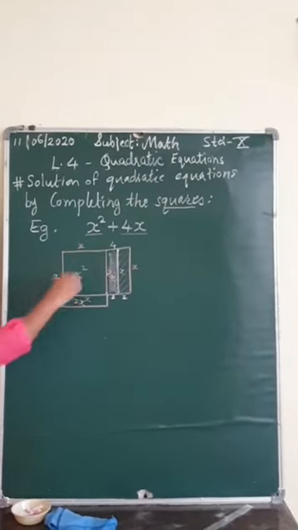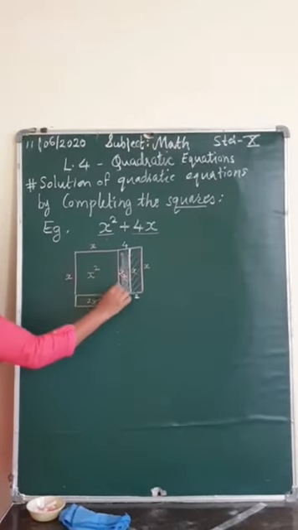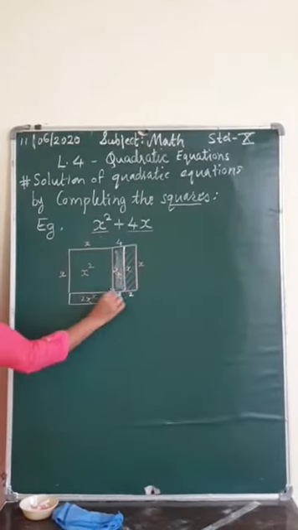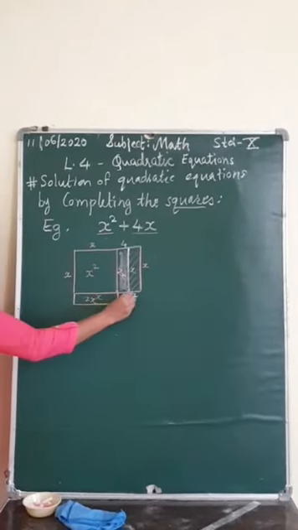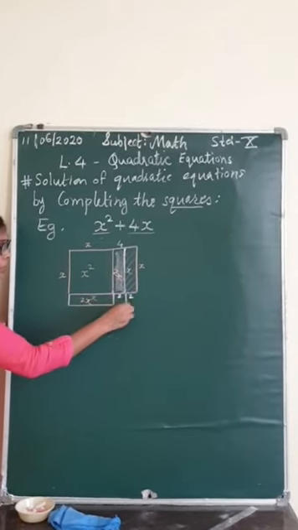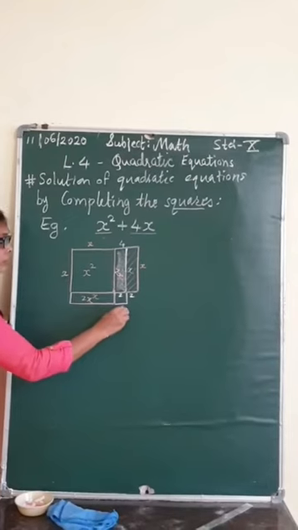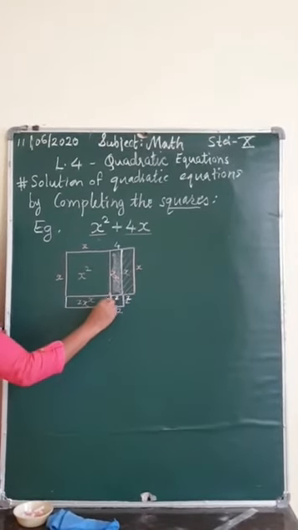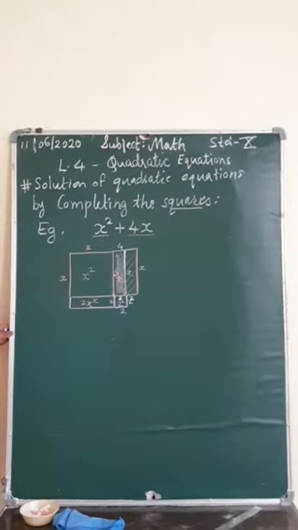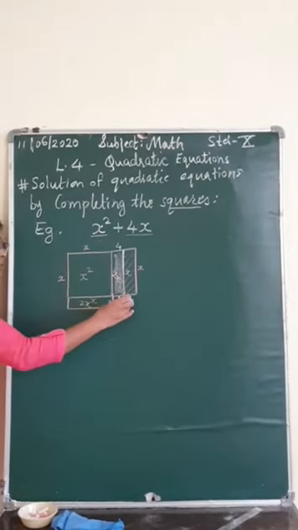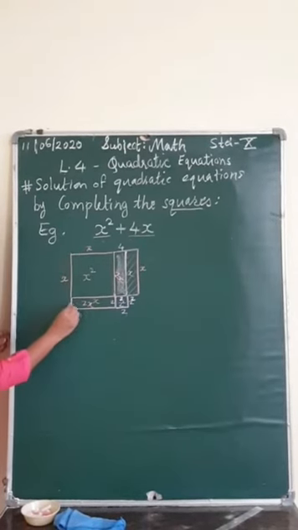Now if you see this whole thing, x square plus 2x plus 2x, it is not a complete square. How will it be completed? If you join this smaller square which has side 2, meaning the smaller square having the area 2 square, then it will be a complete square, right?